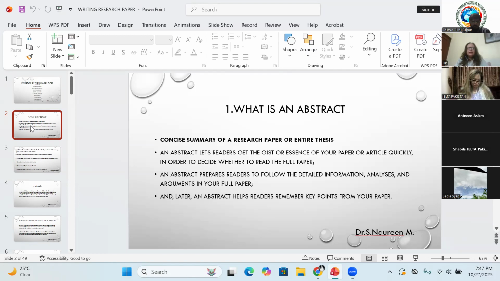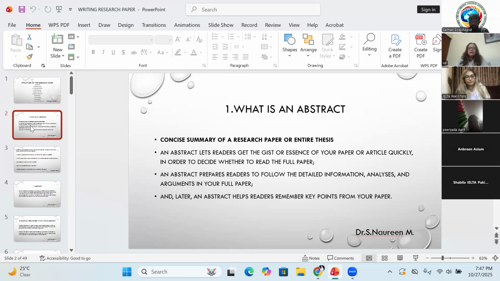Okay, then the abstract lets readers get the gist of what the entire paper is going to be about. So it's a summary, the brief miniature of your thesis. It also prepares readers to follow the detailed information, including the analysis portion and argument, in your full paper.